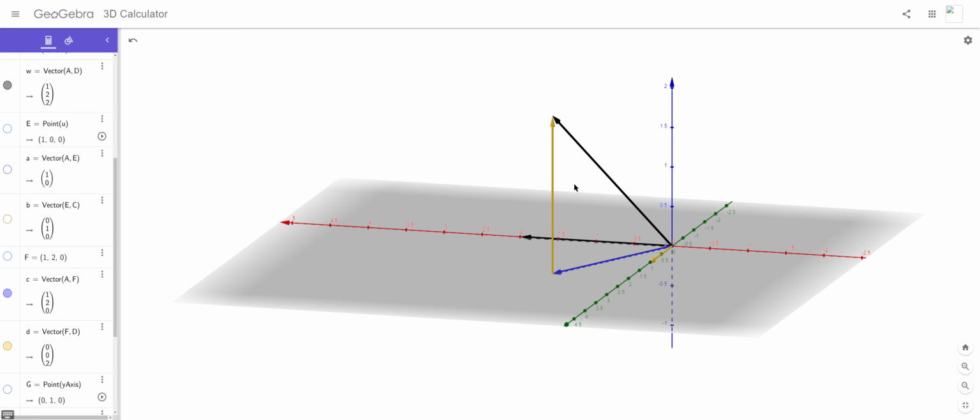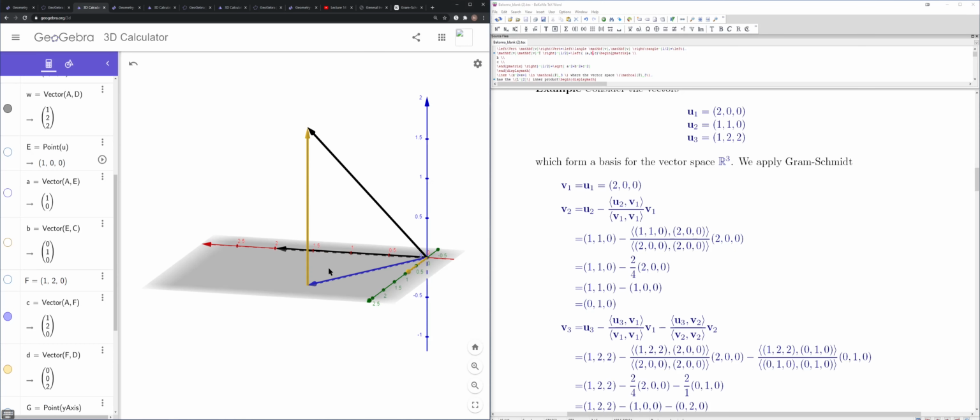Okay, so notice what this is. This is the negative of the projection plus the U3 here, and this gives me the required V3. So this is the U3, the black guy over here. The blue one is the projection onto the XY plane, which is the sum of these two here.